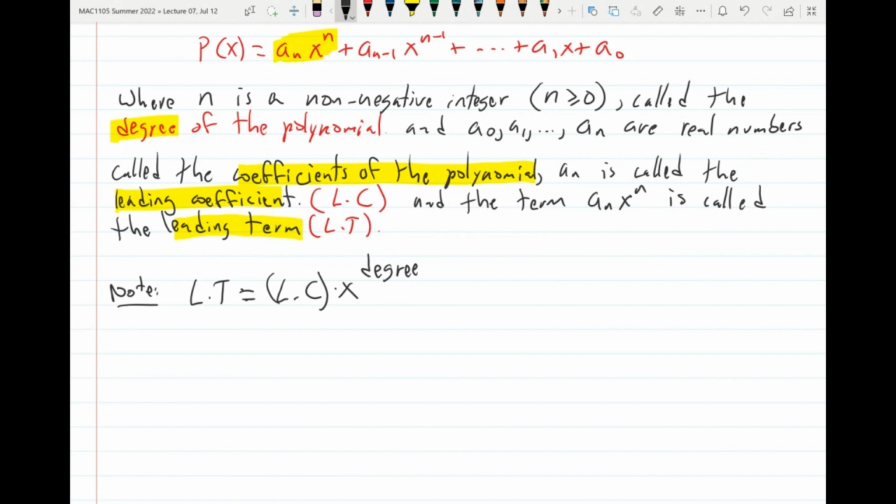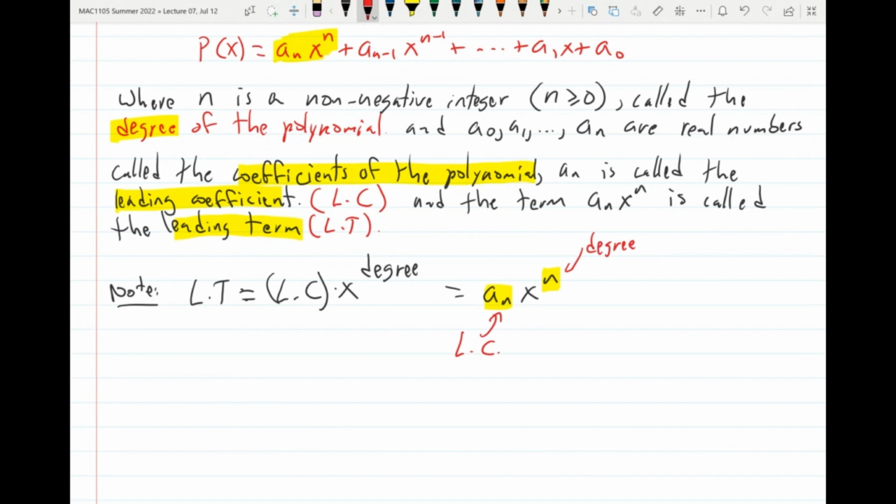Do you understand this? Because remember, this is An times x to the n. This guy right here is your leading coefficient. And this guy up here is your degree. Okay? So really, the degree and the leading coefficient are important information because you can use them to then make up the leading term.